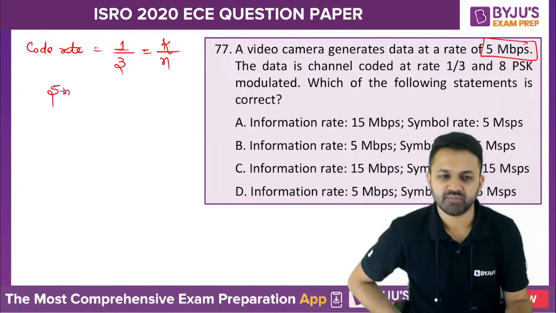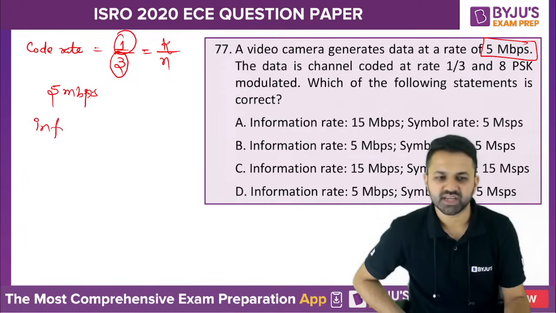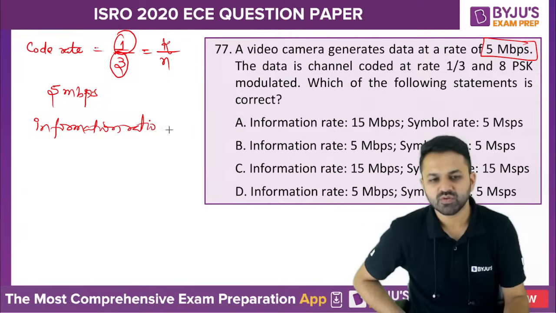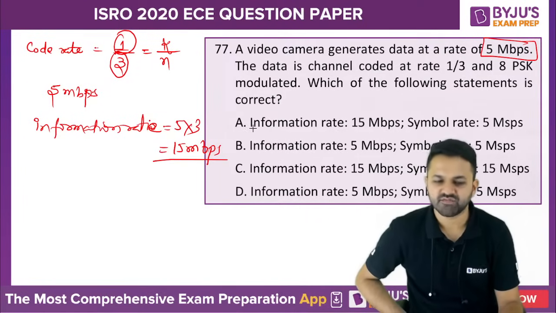The data is 5 Mbps, so the information rate would be 5 into 3, that means 15 Mbps.